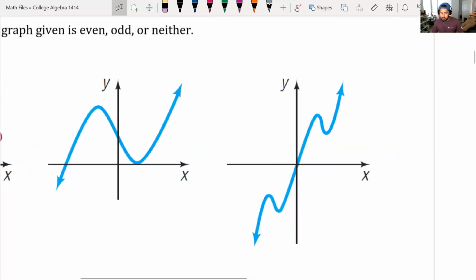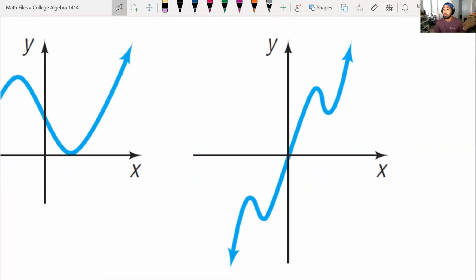To be an odd function means you are symmetric with the origin. Where is the origin? The origin is always known as 0, 0, right? The origin. It's always 0, 0.